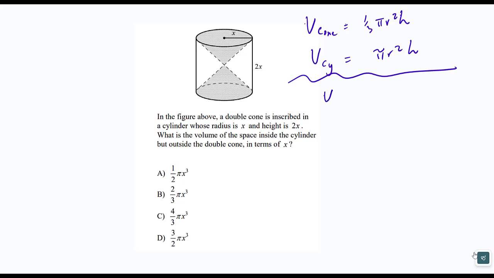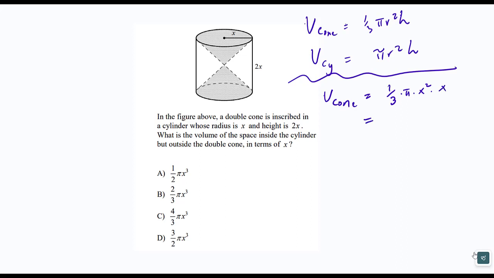So firstly, let's look at the volume of the cone. For the first cone, the volume is going to be equal to 1/3 times pi. The radius is going to be x, so that's x squared, times the height, which is half, which is x.